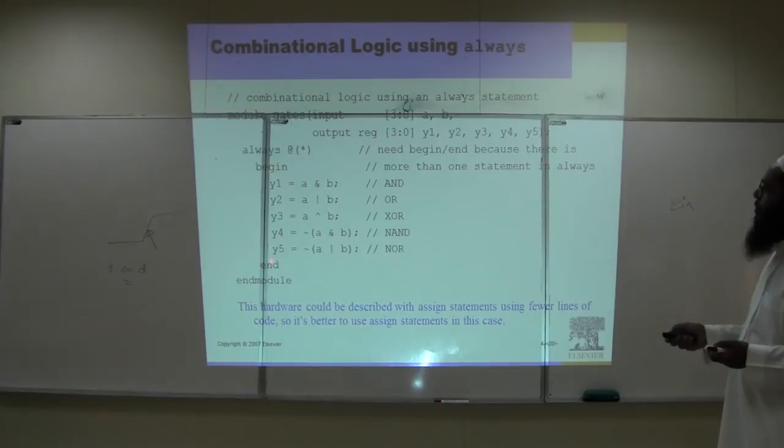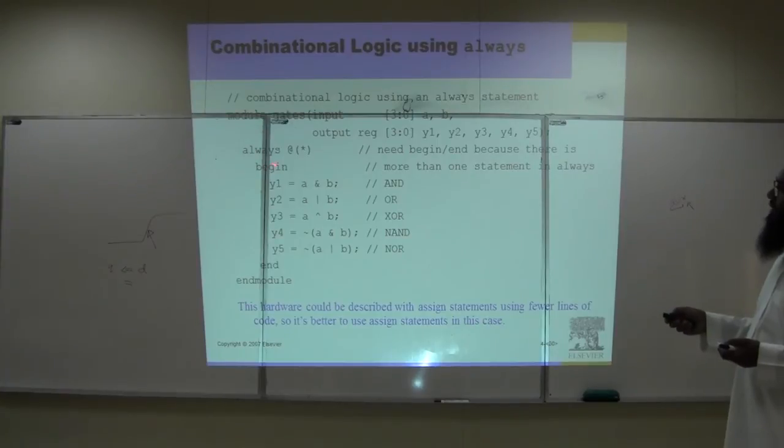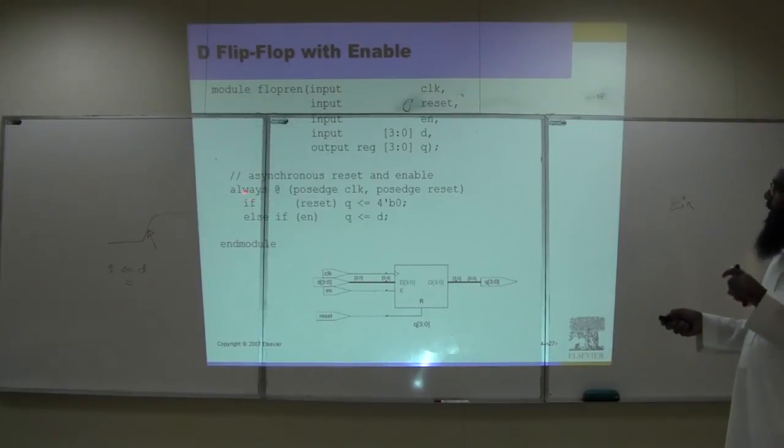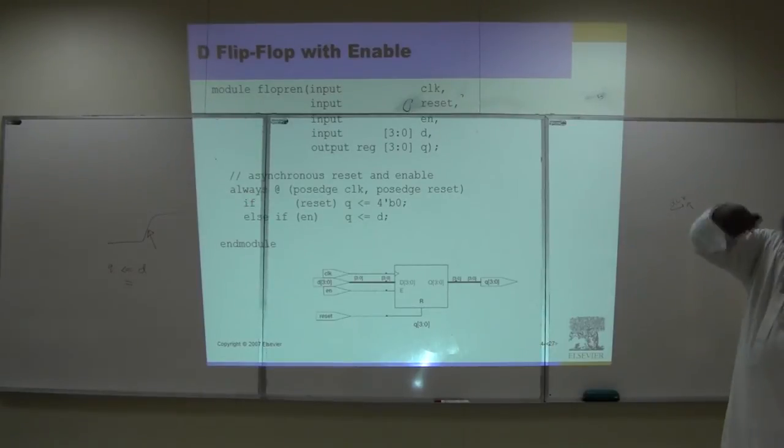Now, if you have more than one statement, then you should write begin and end. You can see here we do not have begin end because it is one line or one block, like if else if together.